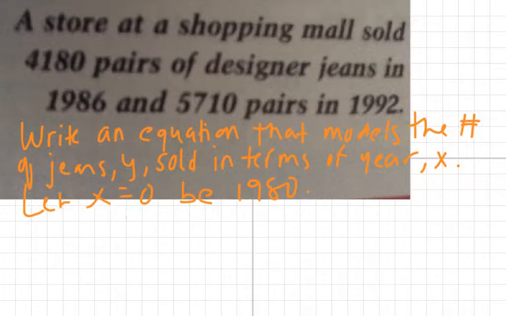So if 0 is 1980, then 1986 would be x equals 6. They're just kind of restarting the years. And then 1992 would be the year 12. All they're trying to do is give you smaller numbers to work with instead of numbers in the thousands. But it works either way.